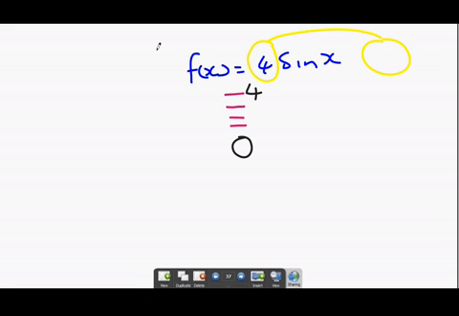And then I'm going to move down 1, 2, 3. So minus 1, minus 2, minus 3, minus 4. So here I'm going to have minus 4.